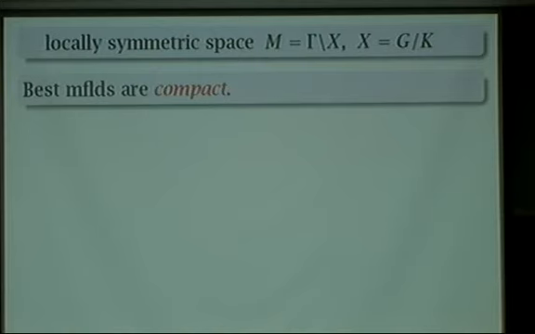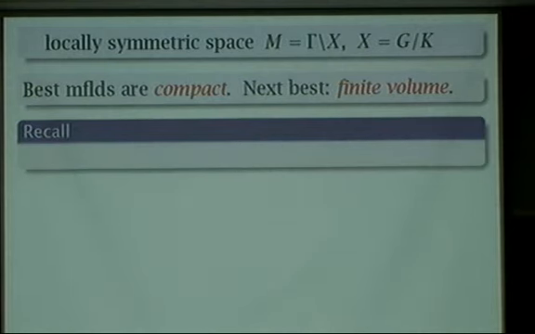Everybody likes a manifold, so compact hyperbolic manifolds or compact locally symmetric spaces are what we'd like to talk about. But as I said earlier, sometimes we don't require the manifolds to be compact. The next best thing is to take finite volume manifolds, and that's really what we're going to do. We want to construct finite volume locally symmetric spaces that include all the compact ones, but there are some more as well.